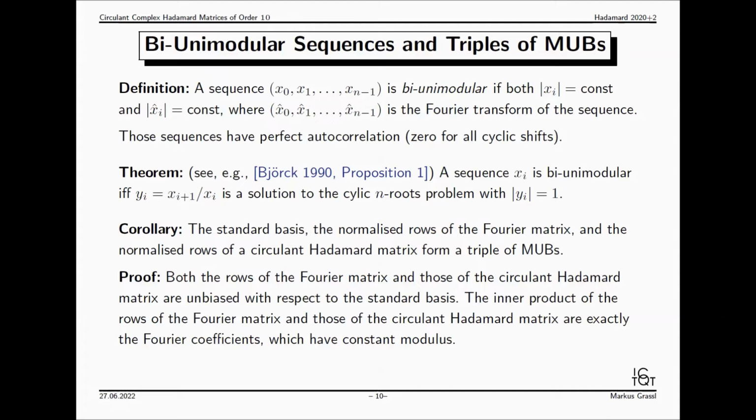So we see many different ways of formulating the same problem, since this perfect autocorrelation is nothing but having a circulant Hadamard matrix. So it turns out from this setting, if we take the Fourier matrix and the standard basis as our pair of mutually unbiased bases, then whenever we have a circulant Hadamard matrix, which corresponds to a solution of this cyclic n-root problem, which corresponds to sequences with perfect autocorrelation, we actually have a triple of mutually unbiased bases.